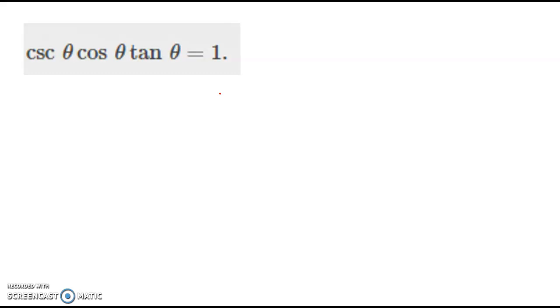So first of all, we know that cosecant is equal to 1 over sine. And I'm going to leave cosine as cosine. And then tangent, I'm going to leave that as well.